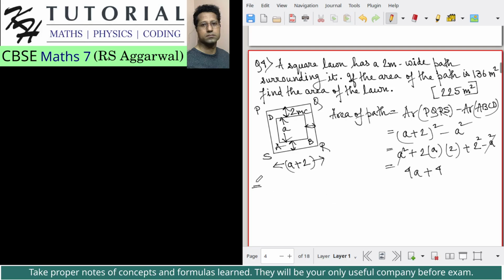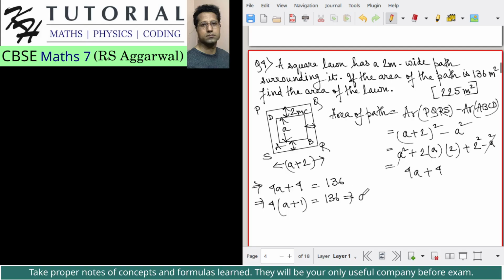So the area of the path is given to be 136 meters square. So we must have 4A plus 4 is equal to 136. If you take common 4 from the left hand side, this is 4 into A plus 1 is equal to 136.